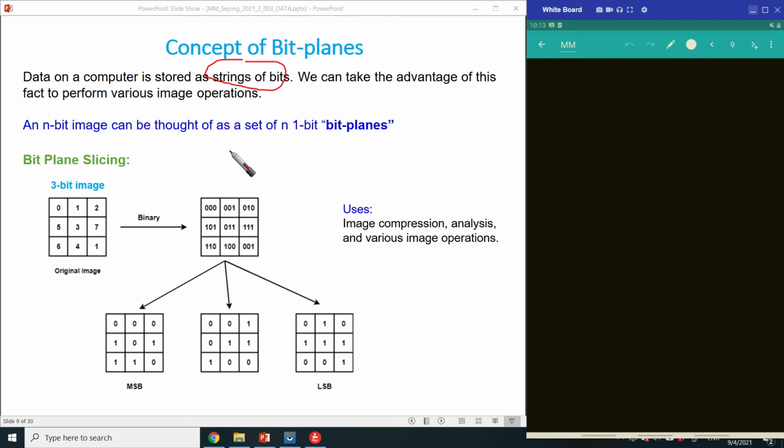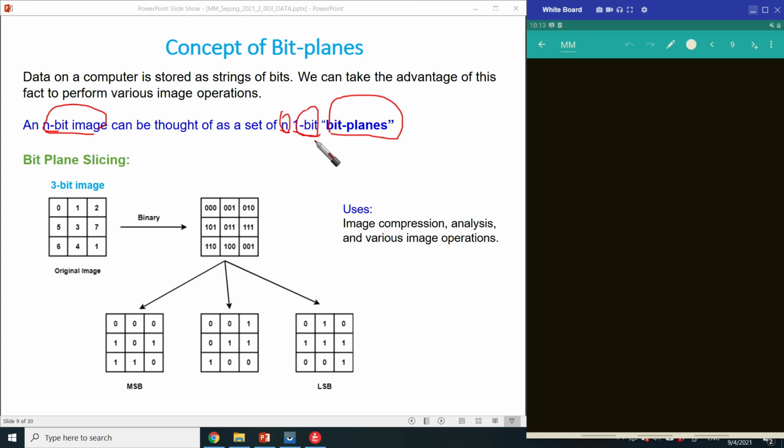So let's see how we can take advantage of that. We are arguing that an n-bit image can be thought of as a set of n 1-bit bit planes. Now what does it mean? An n-bit image can be thought of as a set of n 1-bit images.